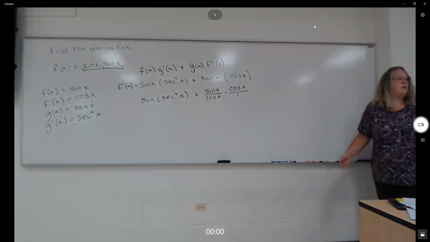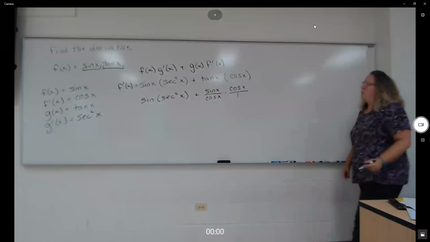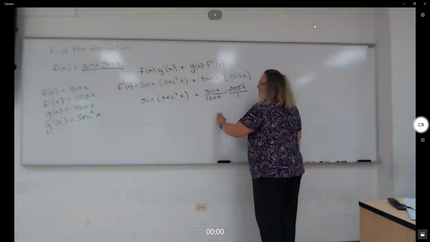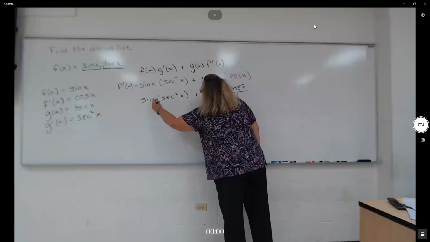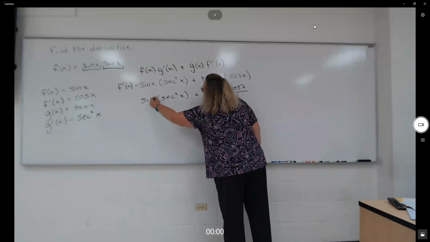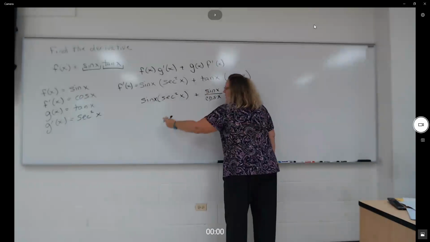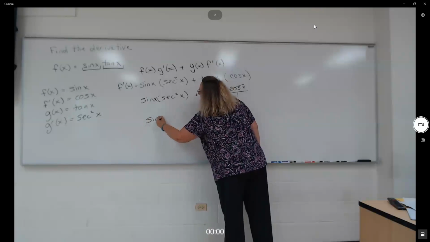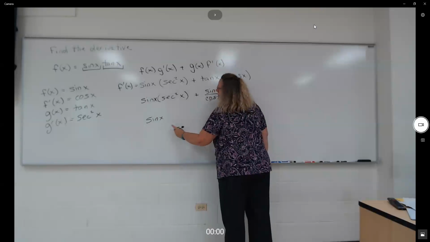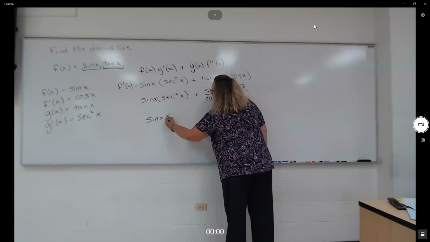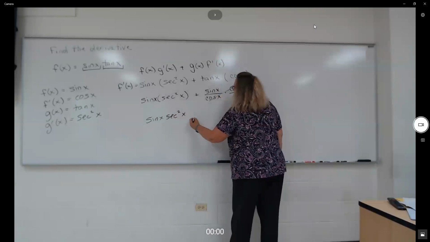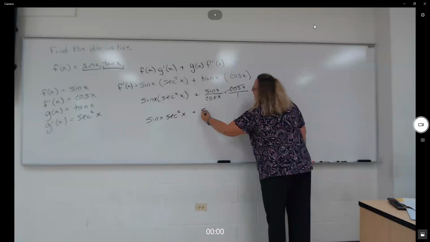And now all of a sudden, the cosine cancels for tangent. So now, oh, I don't use my x here. This is important, because we're not doing sine of this guy. All right, so sine of x, I really don't need the parentheses there. Secant of x plus, and then sine.